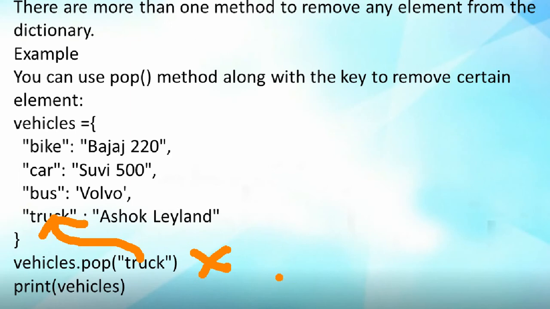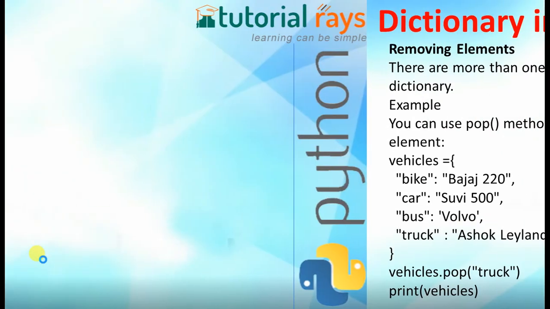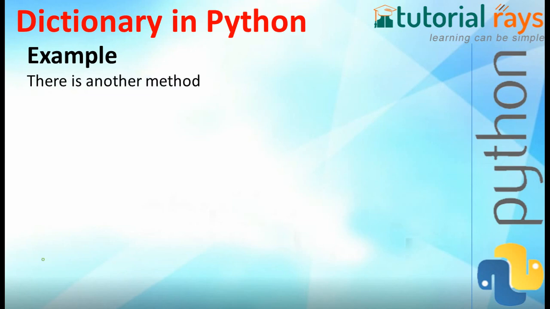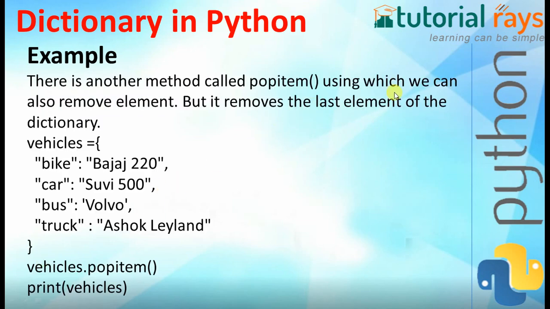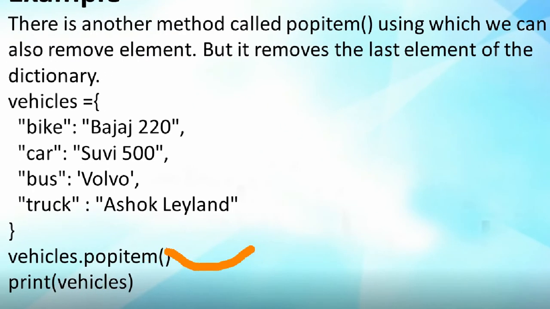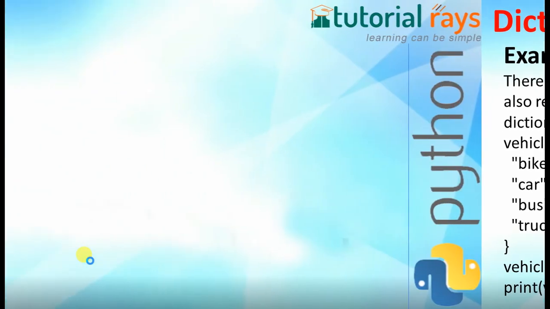You just need to pass the key and then it can be deleted. There is another method called popitem, using which you can also remove an element, but it removes the last element, because we are not passing the key here. So using this method also you can delete an element, but it will delete the last one.